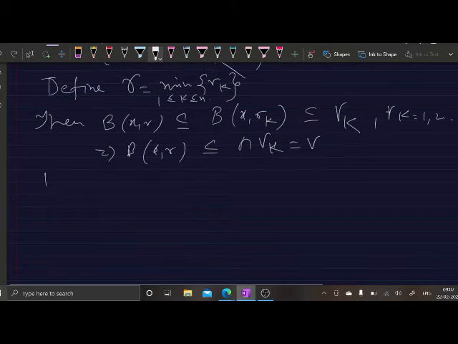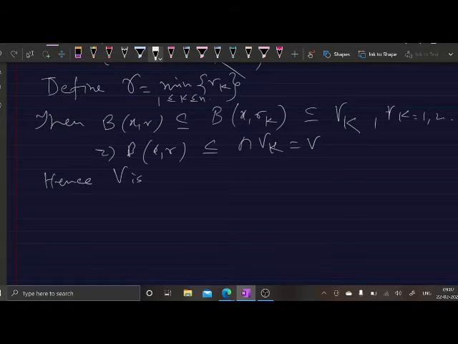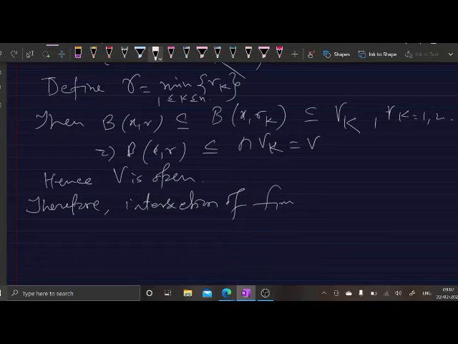So hence V is open. Therefore the intersection of finitely many open sets in X is open.